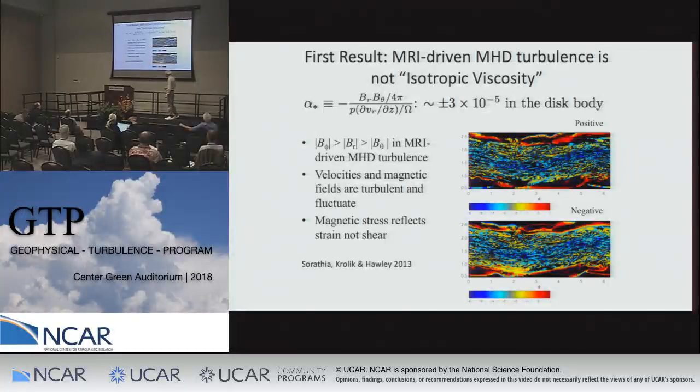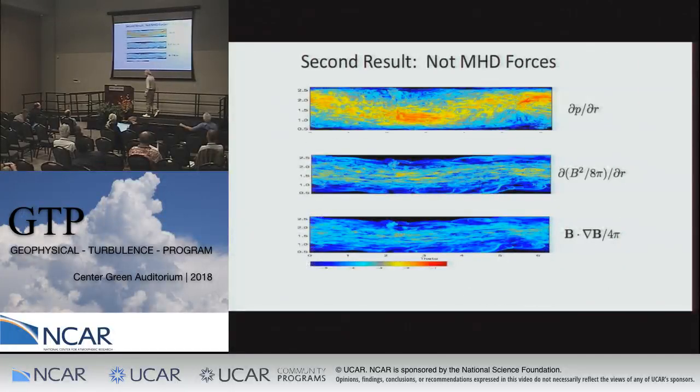A second result, and I'll say that I'm perhaps slightly disappointed by this, is that the alignment process is dominated not by magnetic processes. You'd say, okay, magnetic fields do everything, right? So they're going to do the alignment. Well, it turns out that the largest forces are simple pressure gradients in the radial direction that come about because as you bend the disk, you no longer have the simple pressure balance in the radial direction.